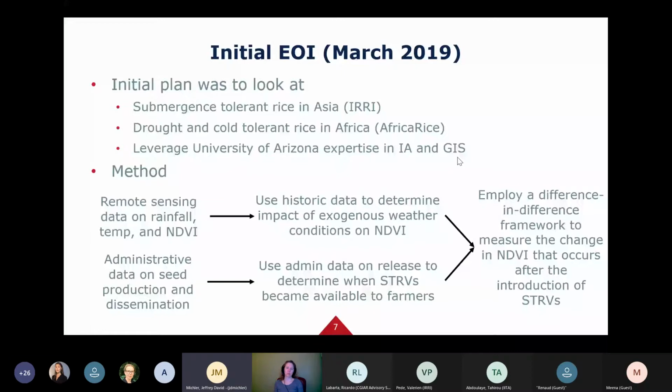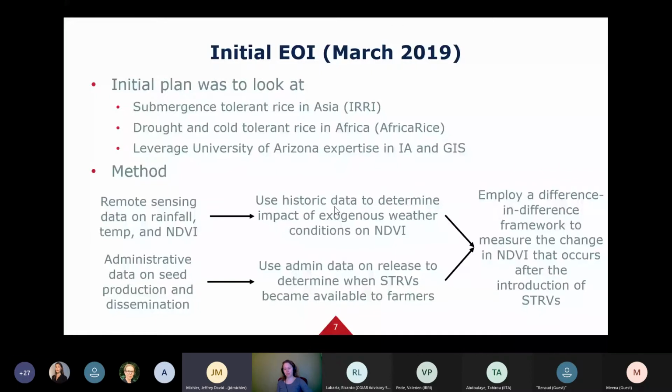So the idea was simply we would use remote sensing data on rainfall, temperature, and NDVI, and that would give us historic data prior to the introduction of STRVs to determine the impact of weather on NDVI. So you look in the 90s and early 2000s before the introduction of these varieties, and you see that it floods 10 feet, and you see that the NDVI for rice drops 20%.